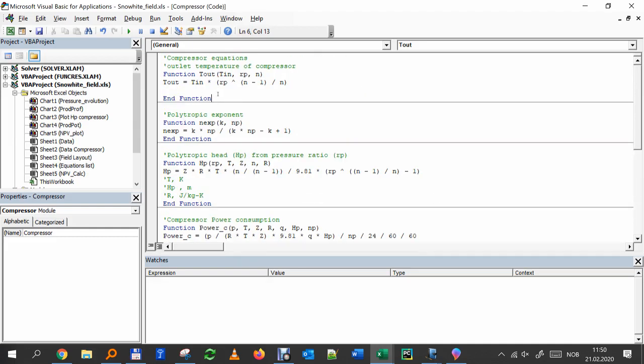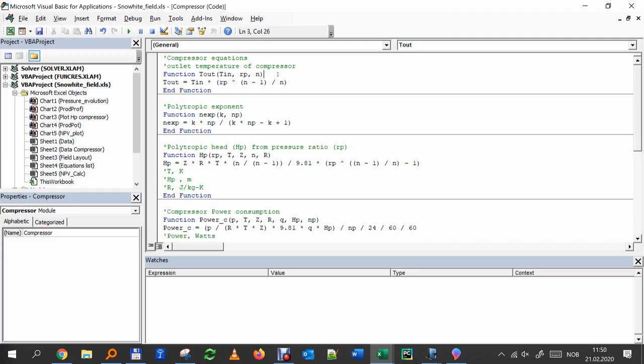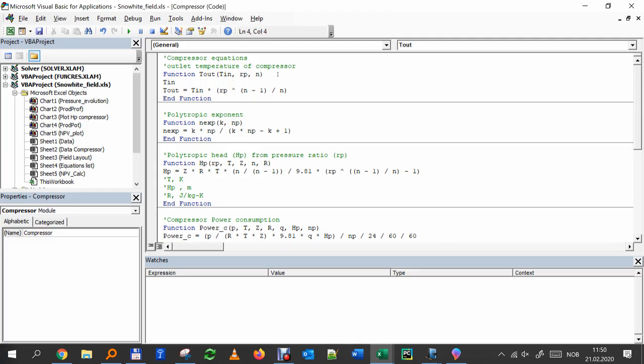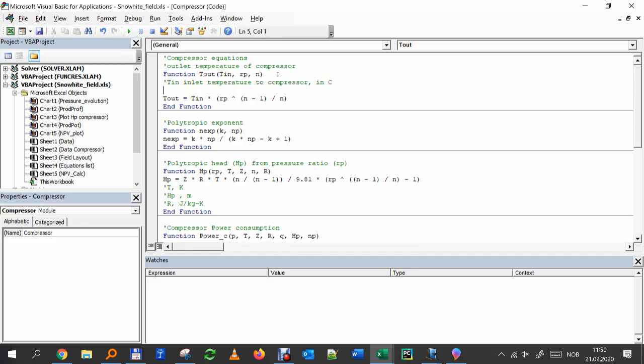It's better to add the 273 here. So here you can say T in, inlet temperature to compressor in Celsius. And here we say T in will be equal to T in plus 273.15.